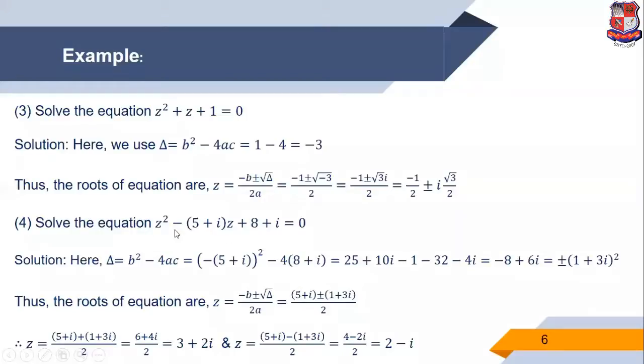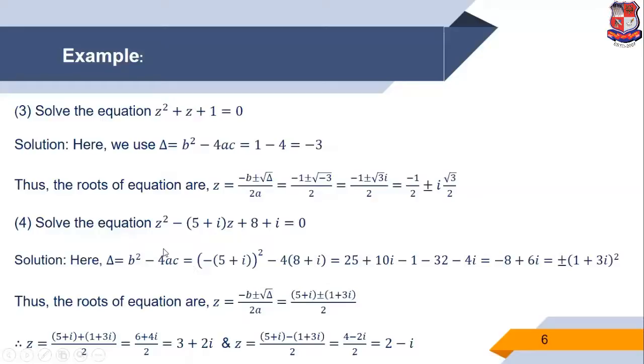This is again a second degree polynomial. We compare this polynomial with the standard form. A is equal to 1, B is equal to minus (5 plus i), and C is equal to 8 plus i. We use the delta method, B square minus 4AC.